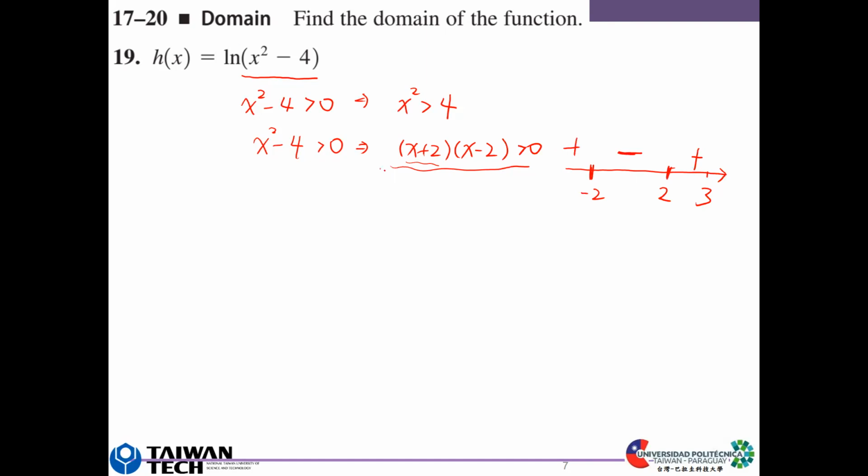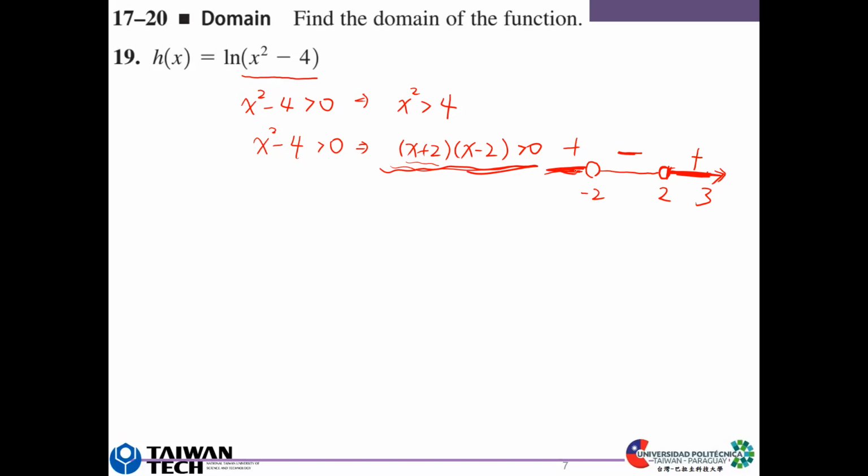So to satisfy this inequality, on the real axis we have this. And remember, 2 and minus 2 are not included because this is not equal to 0.